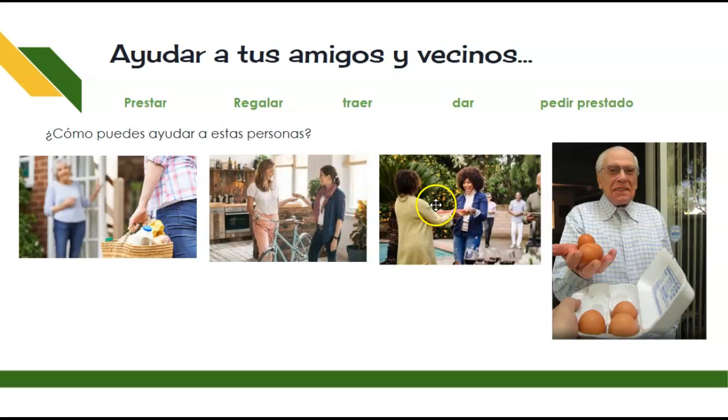Le regala comida, or les, if she's giving it to all of them. Les regala comida. And then él me presta huevos, or he can ask, maybe he's asking for eggs. Él me pide prestado de unos huevos, right? And yo se los doy, and I give them to him.